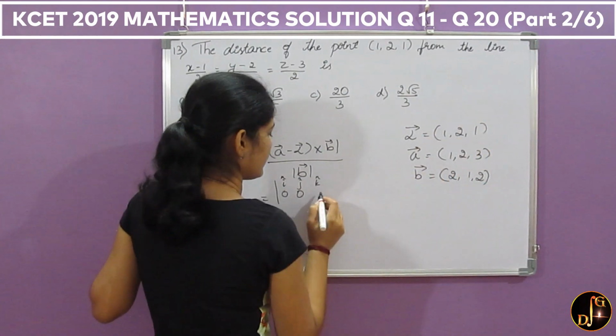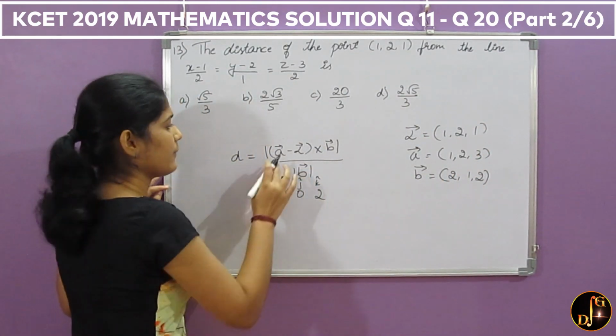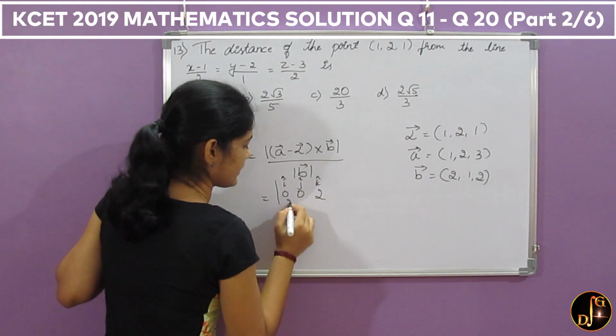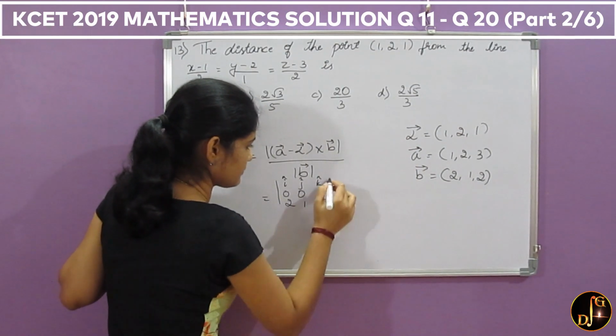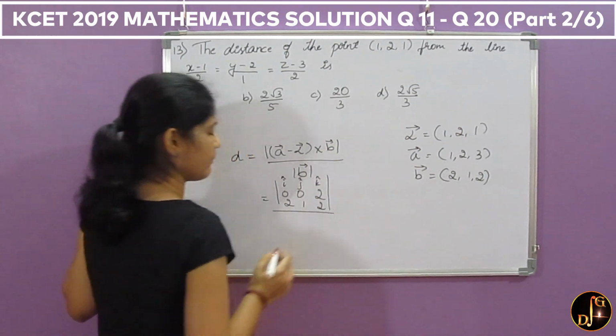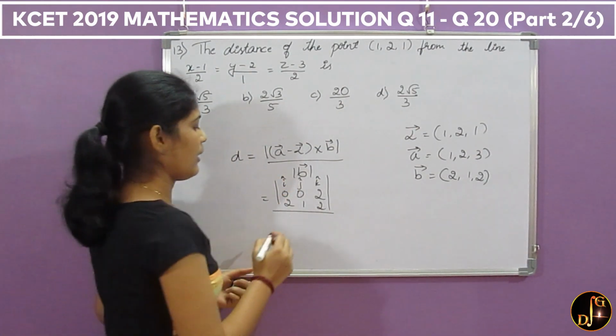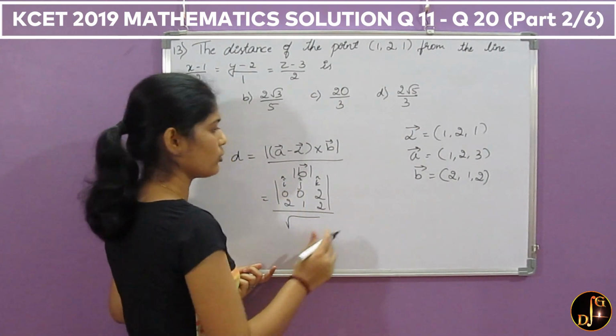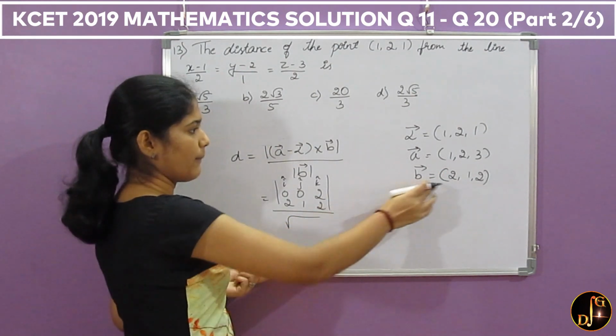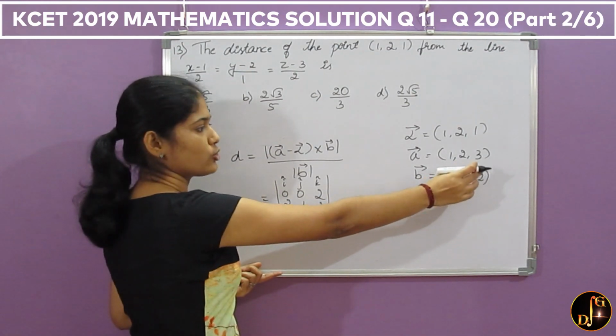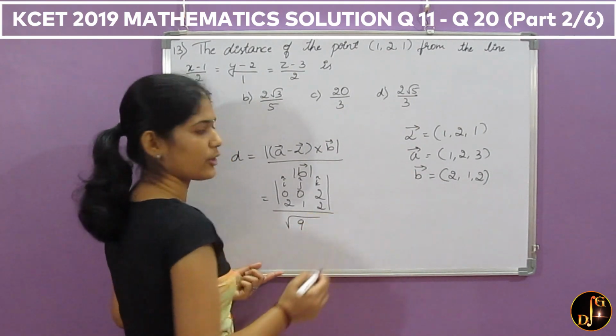Then 3 minus 1 is 2. Right? Then the vector B can be written as it is. Whole divided by modulus of B. Modulus of B means square root of 2 square 4 plus 1 square 1 plus 2 square 4. So it will be square root of 9.